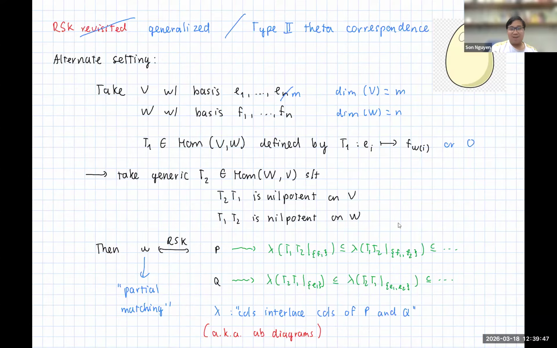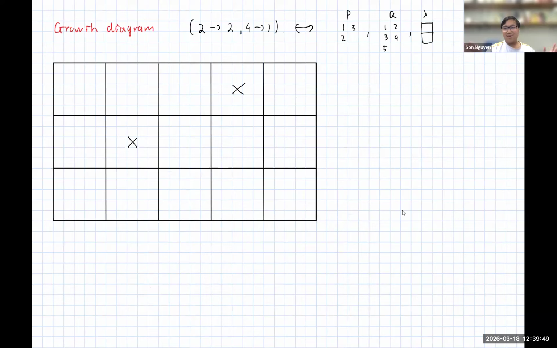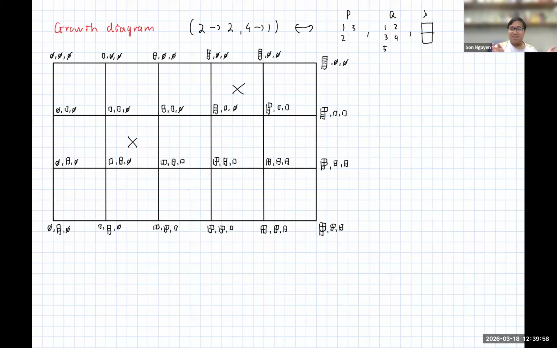Okay, so I have an egg and all I need to do is create a growth diagram and find local rules. So I know my growth diagram would look something like this because of what I know in geometry. So I put the empty partitions here, here. These are non-empty, but they have to be 1, 1, 1, 1, 1 because this is saying I have a lot of vectors in V, but nothing in W, so everything goes to 0.